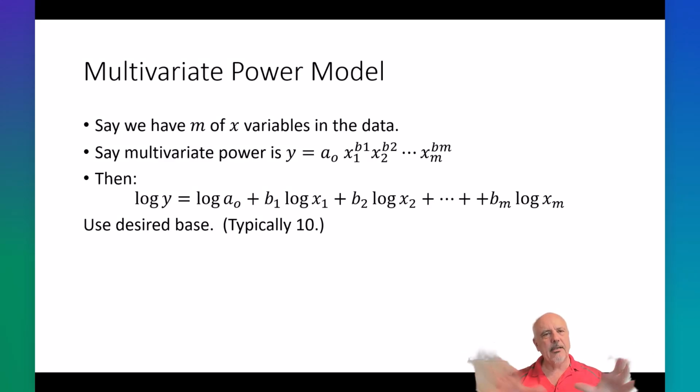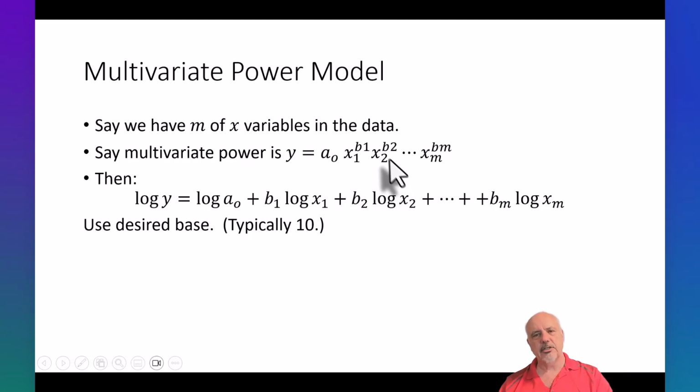Okay, so we could take that information that we did earlier, how we did the linear and extended that to a power model. We could do that for a multivariate power model. So we would have an A0, and then for each of the x's, however many we had, we would have a particular exponent.